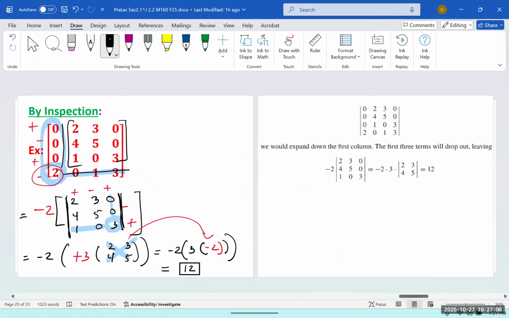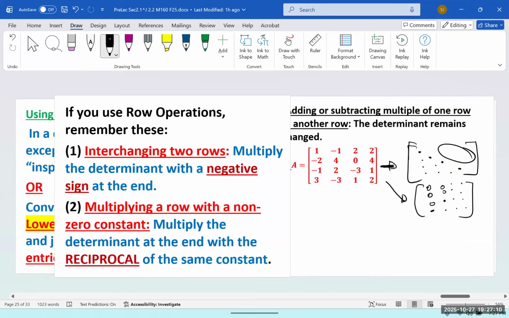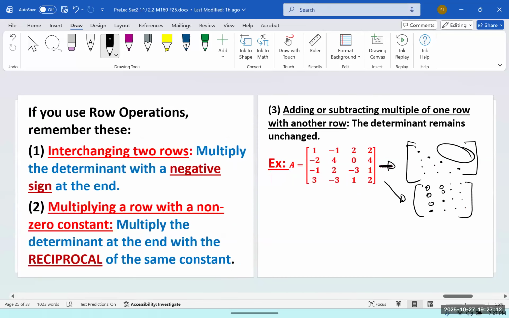However, our life will not be so easy all the time. For example, if we have something like this, it looks so scary. If you have something scary looking like this, then you have another two choices. Either convert them into a triangular matrix. It could be upper triangular or lower triangular, it doesn't matter.